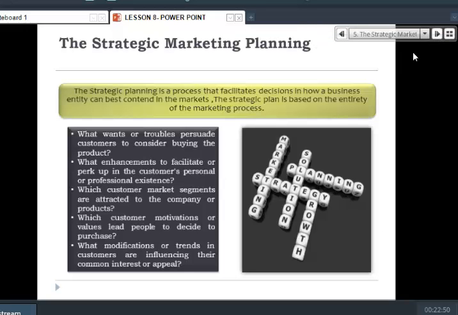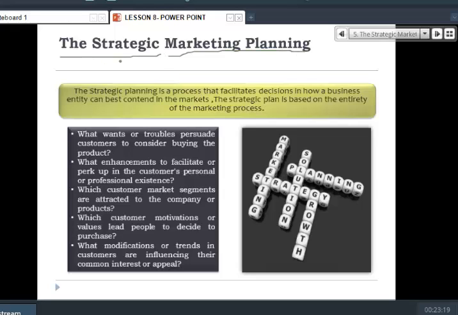The strategic marketing plan. What is the strategic marketing plan? It is the process that facilitates decisions in how a business entity can best contend in the markets. So the strategic plan is based on the entirety of the marketing process. So now you know about the marketing plan. So what is the strategic marketing plan?